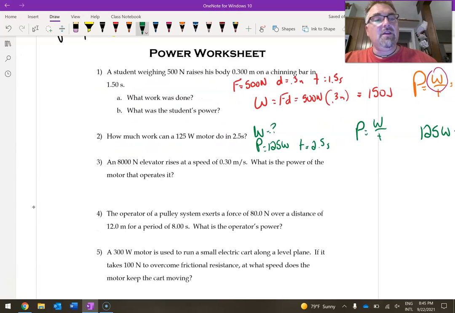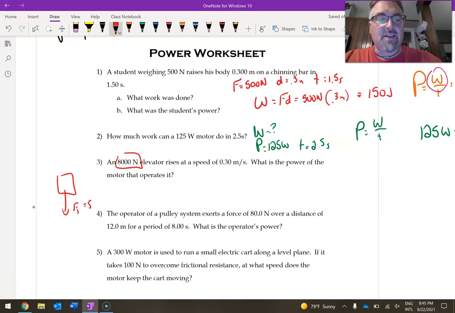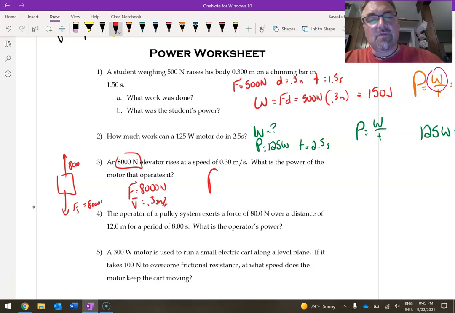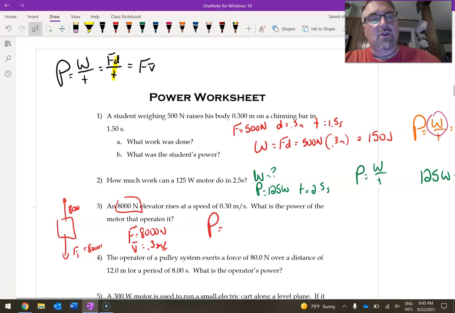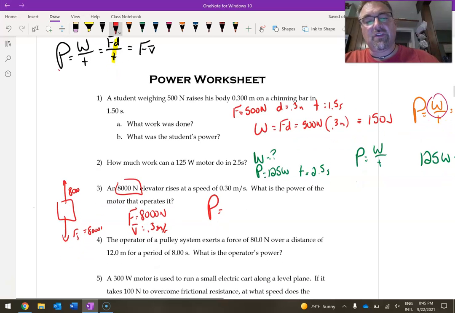Okay, number three, we have a force because it's an 8,000 newton elevator. So the 8,000 newton elevator, that talks about the force of gravity pulling it down. So if that's 8,000, in order to lift it up, we're going to have to exert a force up of 8,000 as well. So my force that I'm going to exert is 8,000 newtons, and it's going to go up at a speed of 0.3 meters per second. What's the power of the motor? So remember that power, this is one of our offshoot ones, power is equal to force times velocity.